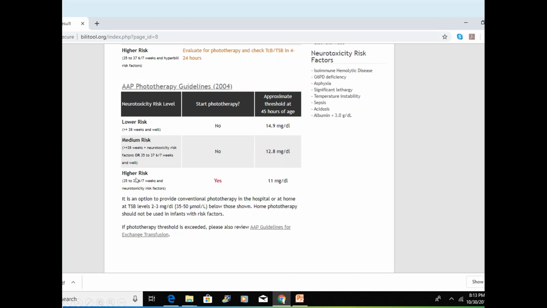So in the case we discussed, 45 hours of age with 12 milligrams, if the baby was 35 to 37 weeks and had neurotoxicity risk factors, you would start phototherapy at 11 milligrams. And if the baby was more mature, at 37 weeks, start at 12.8 milligrams, and if no risk factors, at 14.9.